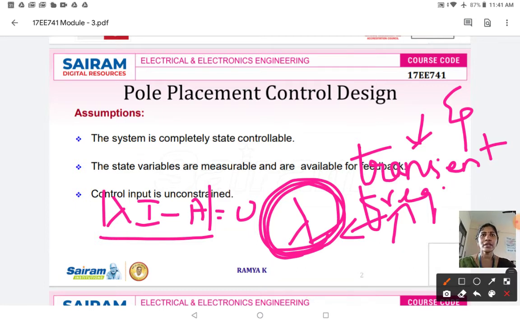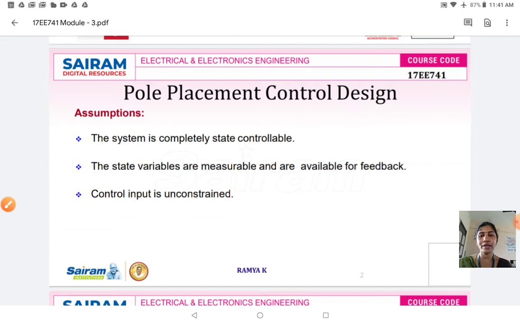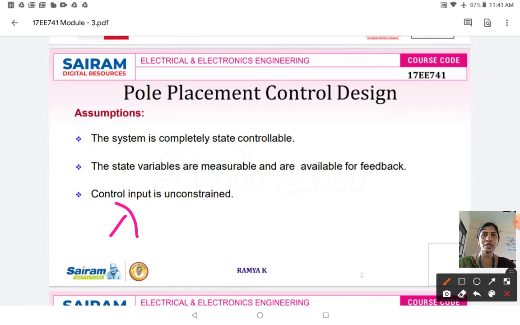Next one, by properly selecting the gain. After identifying your poles lambda, based on your damping ratio, bandwidth, speed, and transient response or frequency response, the next duty is to properly select the gain matrix for the state feedback.